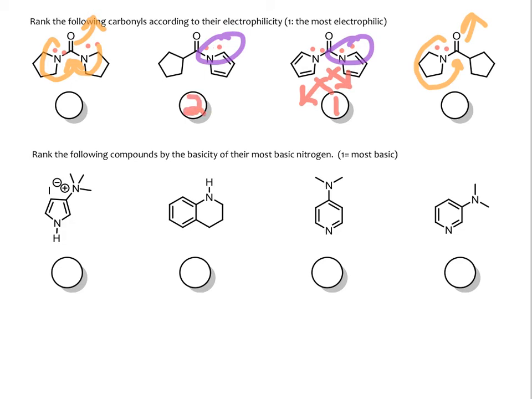Then for these non-aromatic nitrogens, the more donation you get into the carbonyl, the less electrophilic it is. The molecule on the left is going to be our least electrophilic because it has 2 nitrogens donating electrons into that carbonyl carbon, making it less positive. The rightmost molecule does that just once.